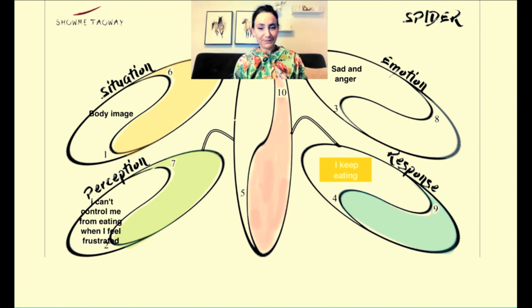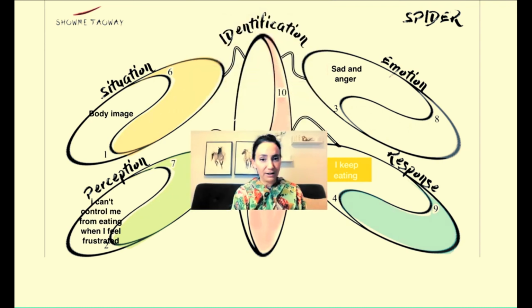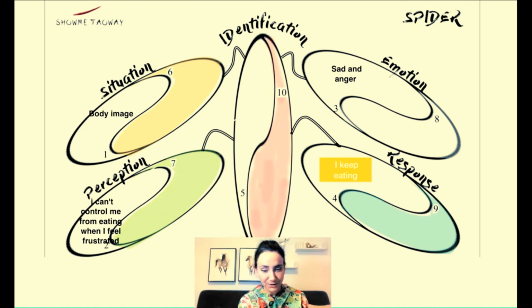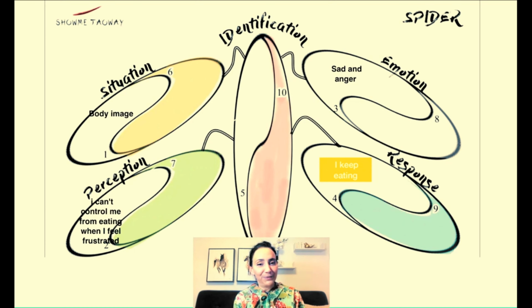Feel free to pause. But before we move on to number 5, as I said, right now we are in the identification stage. What we're going to do now is create a story, a story about a different person. It's not about you.